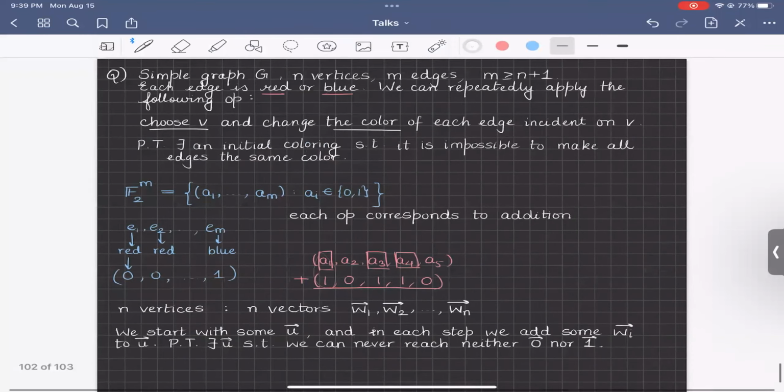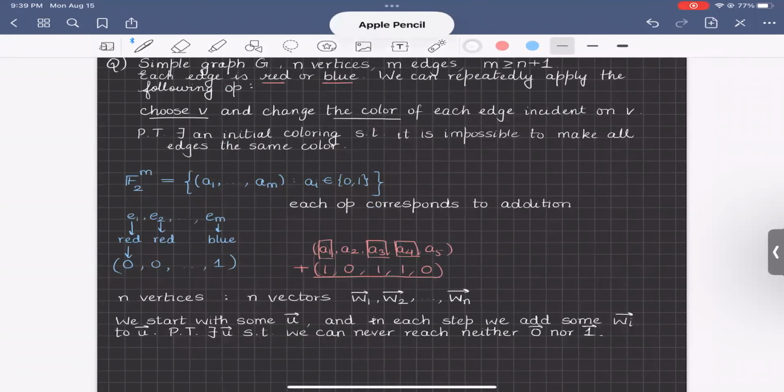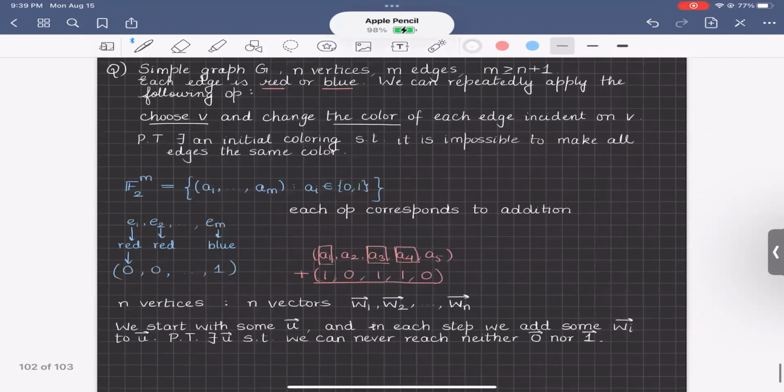Okay. So what's the way to do this? These n vectors can span at most 2 to the n things. Correct. That's right.